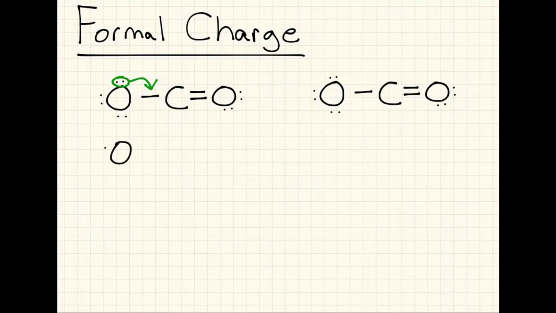We had oxygen with 2 lone pairs, 2 bonds, a double bond to carbon, and then the same thing on the other side of the molecule. Now, just to be clear, there is no significance to writing these lone pairs on the side or on the bottom. We could write those lone pairs really wherever we want. And this was the result of doing this particular change.